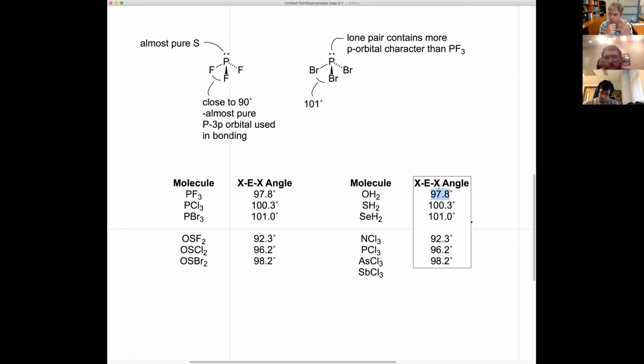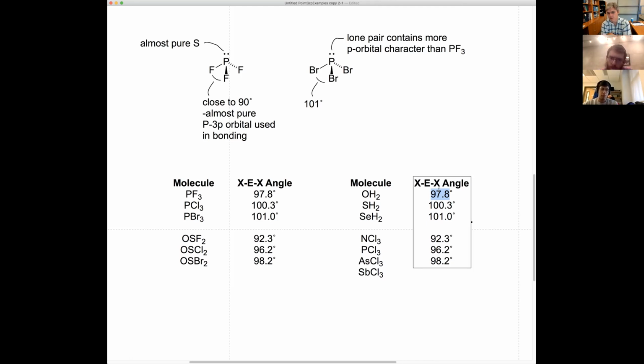It becomes even more crucial that the lone pairs sit in an s orbital than a p orbital as you go down the period. And in fact, elements at the bottom of the main group tend not to hybridize. They don't mix their orbitals well at all because there's such different energies.